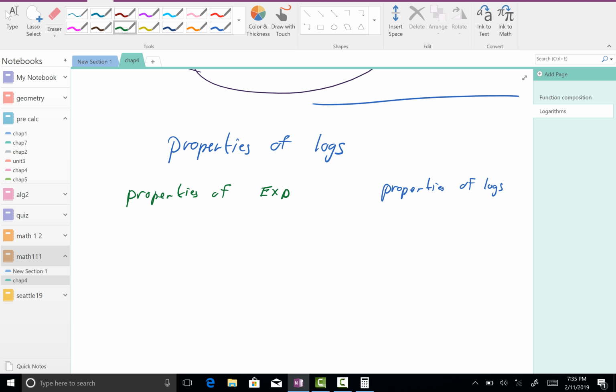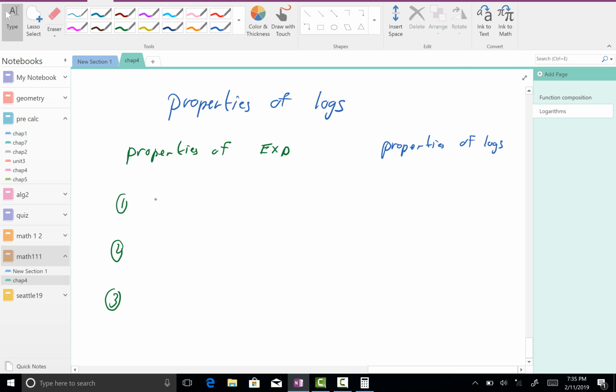Okay. So we have three basic properties of exponents. And one of them is that if I take a to the n power times a to the m power, then we're going to add the exponents. Okay? So like x to the second times x to the fourth is x to the sixth. We're going to add the exponents.